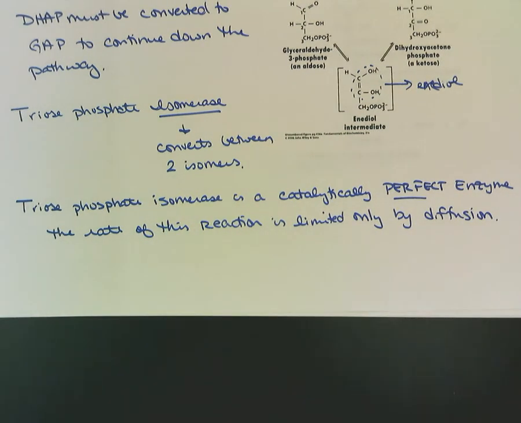Its reaction rate is limited only by diffusion. All right, so when we talked about enzymes, it seems like forever ago, the best enzyme out there is rate limited only by diffusion. And this is the example of that.